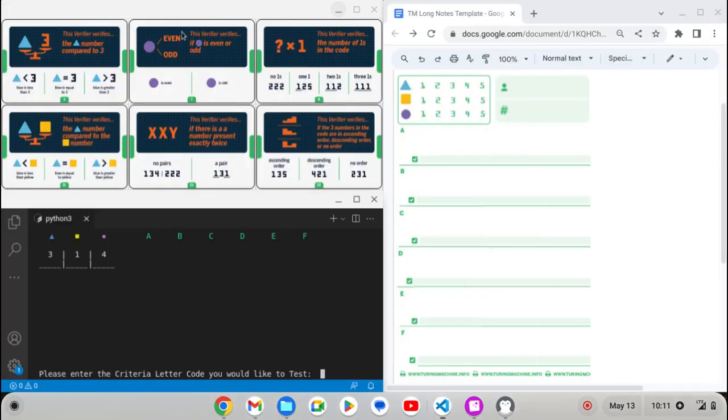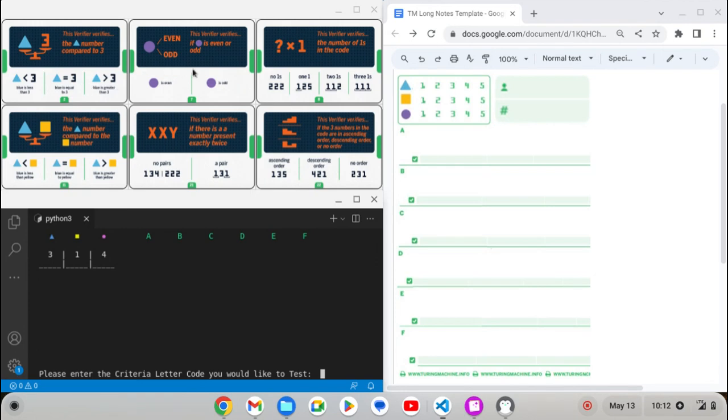Notice that we have our 6 criteria cards. On the top row we have criteria A, B, C, and on the bottom row criteria D, E, and F. Criteria A looks at the triangle digit, which is our first digit in our solution, and lets us know whether the value of the triangle is less than 3, equal to 3, or greater than 3.